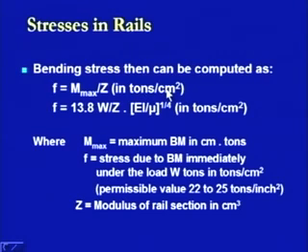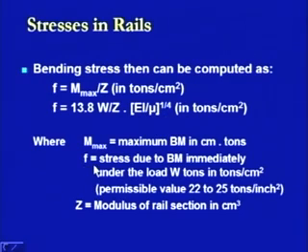So, we have to modify the units accordingly. If we put in the value of M maximum, it may transform into 13.8 multiplied by W, the isolated load, divided by the sectional modulus Z multiplied by the 4th root of EI divided by mu.